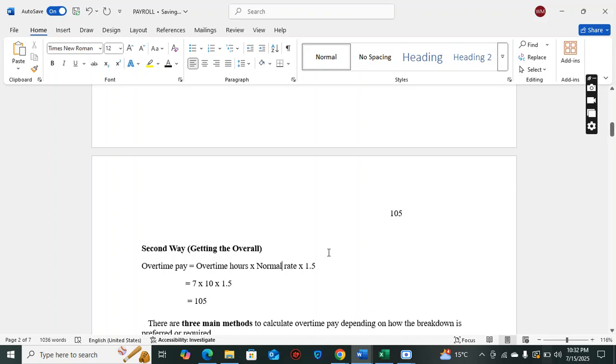Since it said time and a half, this represents 1.5. So you're going to say 7 times 10, that is 70. 70 times 1.5, you get 105. Any questions?